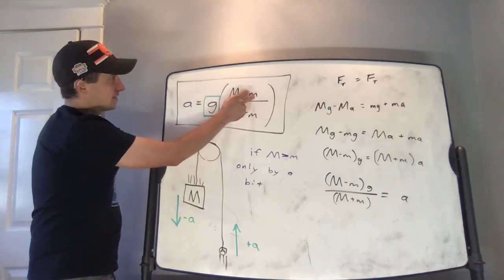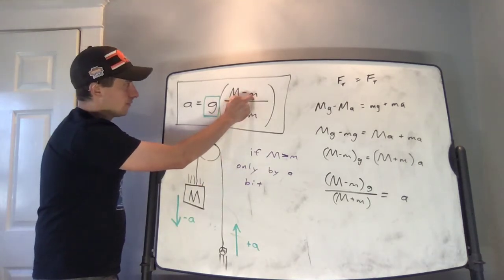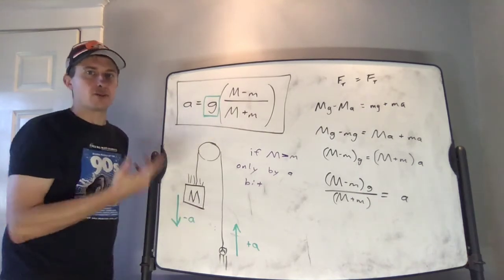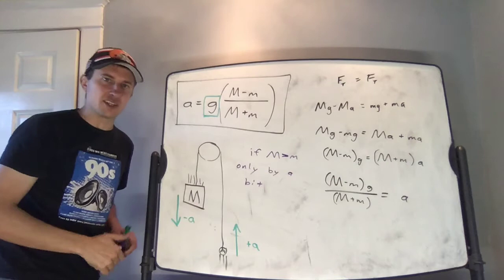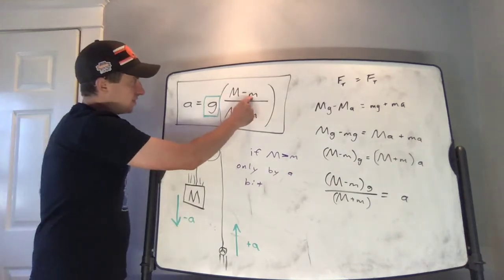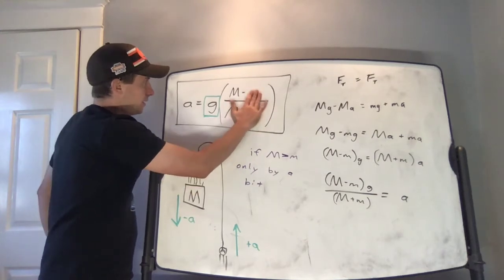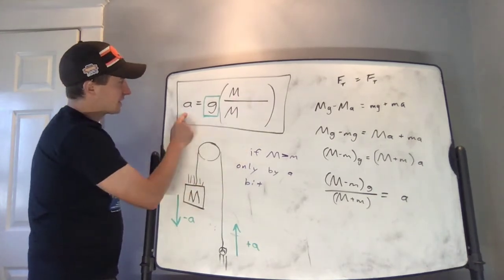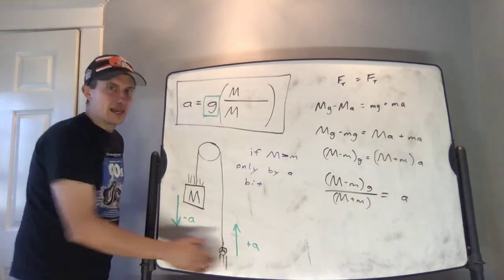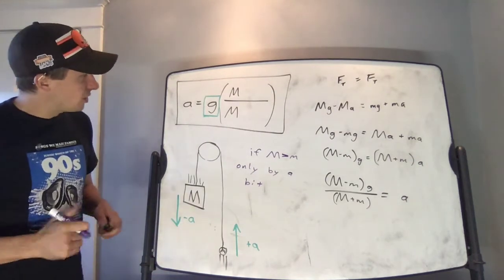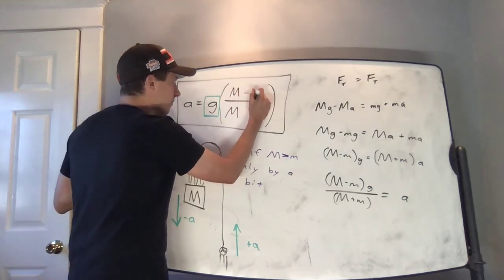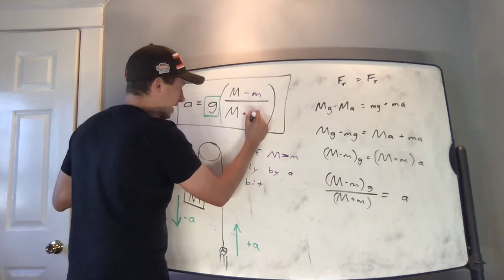And if big M minus little m is a really small number, then the acceleration that I observe in this experiment will be very small, and that will make it easier for me to see. In the limit where little m becomes 0, then the acceleration is just going to be the acceleration due to gravity, and that won't really help us. So we want big M to be approximately equal to little m, but not quite the same.